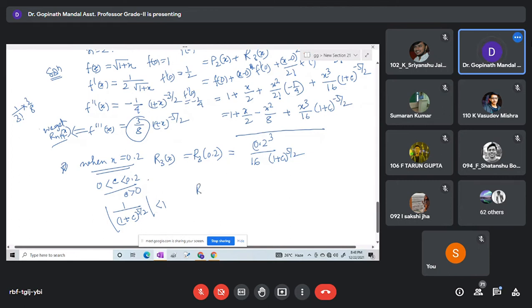So R3(0.2) modulus is less than or equal to 0.2 cube by 16. So this is actually the bound value. It is actually the bound of the remainder or error.